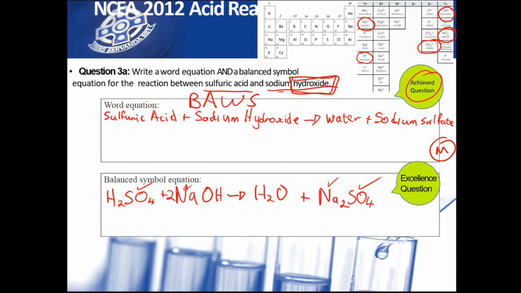So how many oxygens? We have 1, 2. Okay. So if I put a 2 in front here, I now have 2 oxygens. And by putting that 2 in front there, I also have 2 hydrogens plus the 2 hydrogens from here. It gives me 2 times 2 is 4 hydrogens, so they are balanced. There you go. You just achieved excellence. Easy.